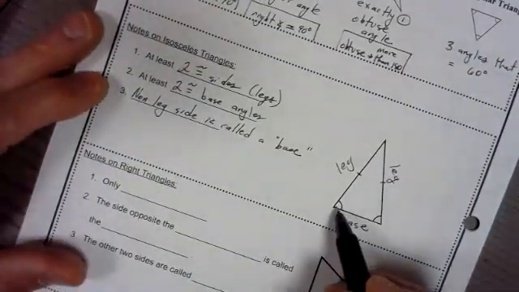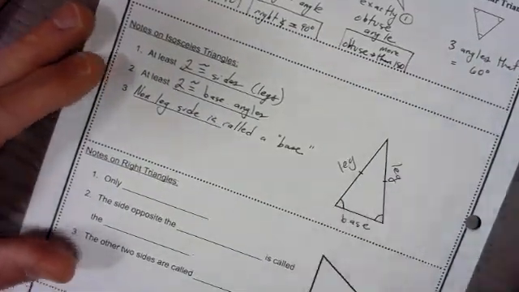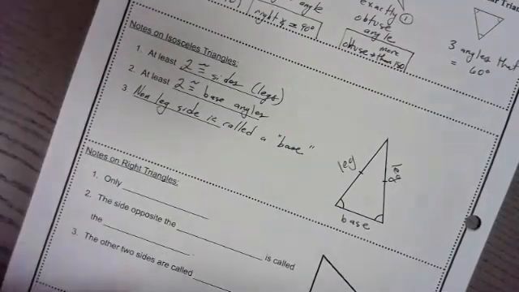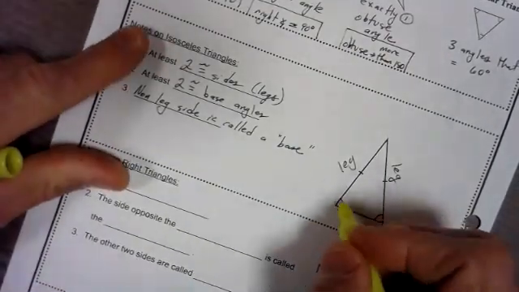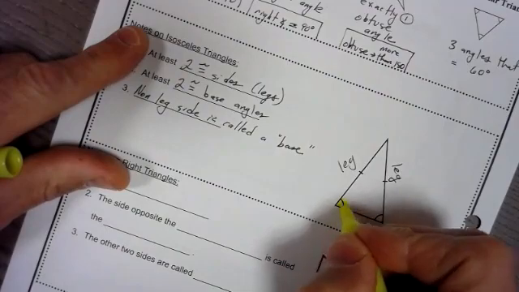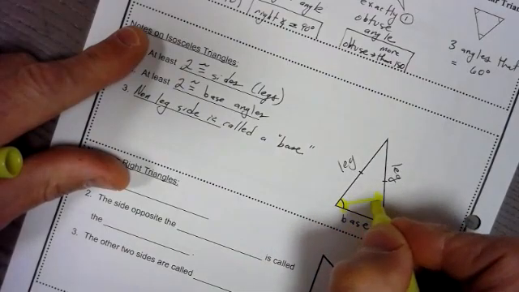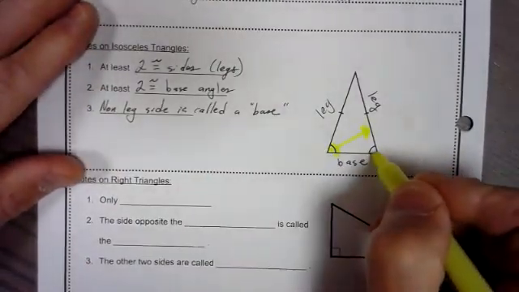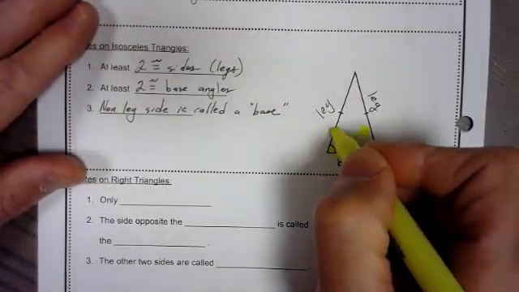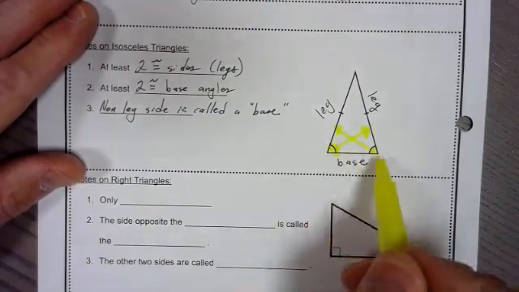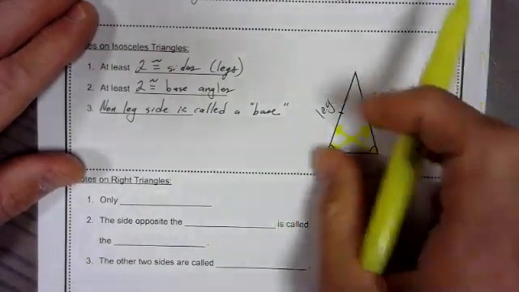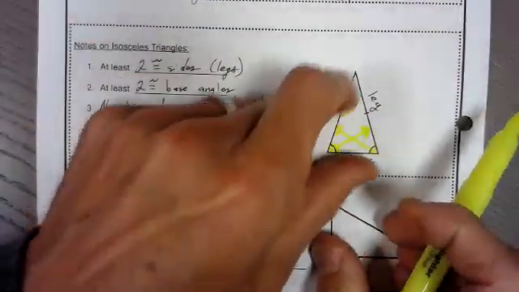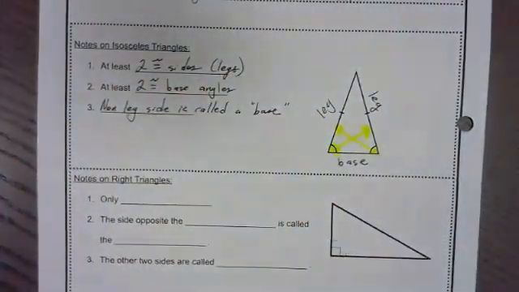And what I want you to notice about these base angles is that they're going to be opposite our leg. And then this one here is going to be opposite the other leg. So the base angles are going to open up and make that leg side. And the same thing here, they're going to open up and make that leg side. So just a couple special things about isosceles triangles.